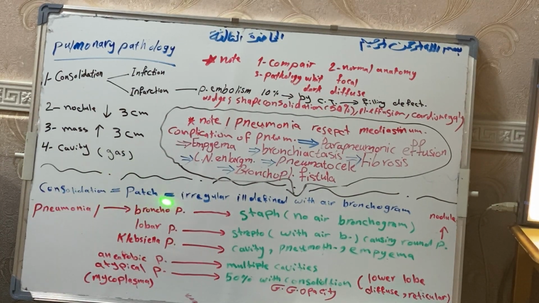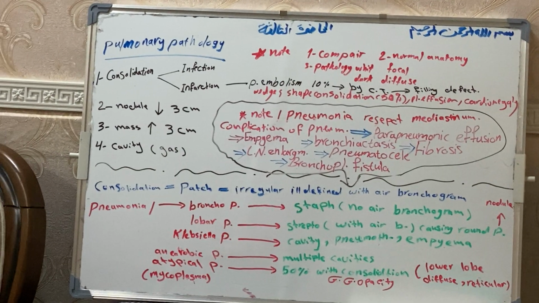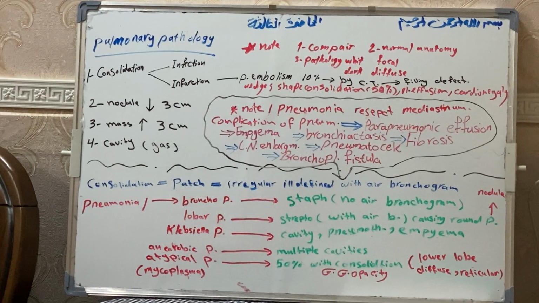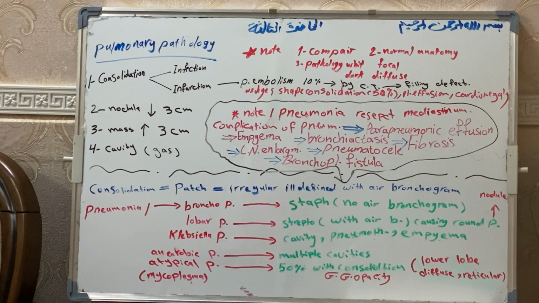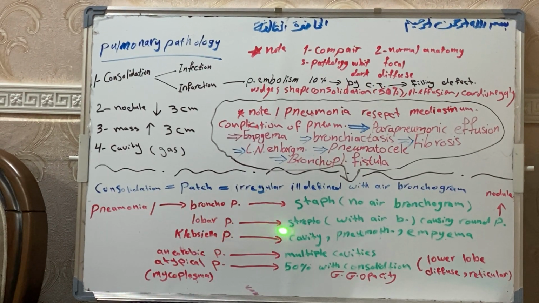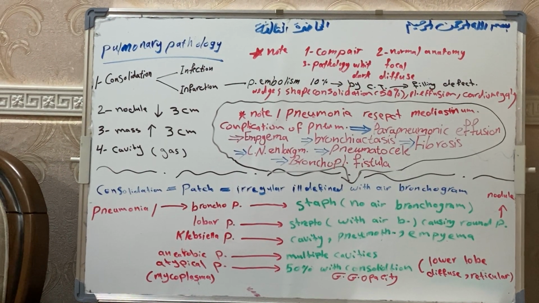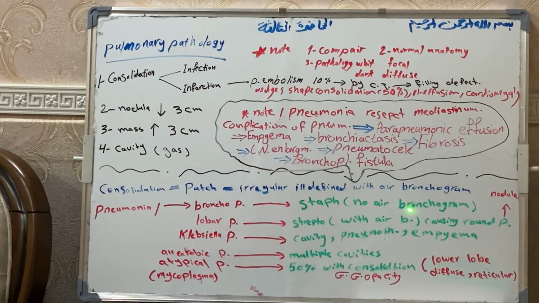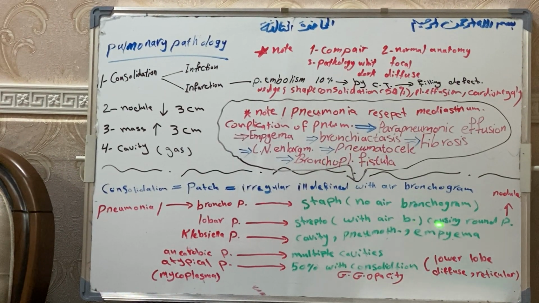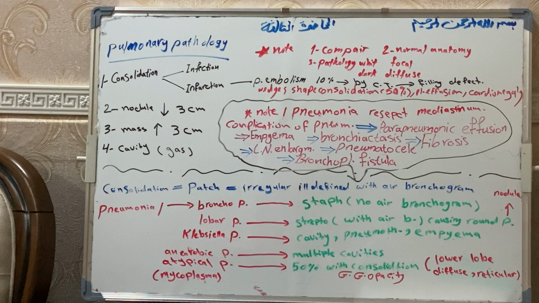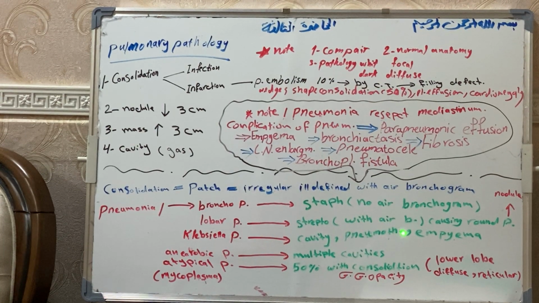Pneumonia is either bronchopneumonia or lobar pneumonia. Bronchopneumonia is caused by staph. Lobar pneumonia is caused by streptococcus. Bronchopneumonia is with no air bronchogram most of the time, and streptococcal with air bronchogram.